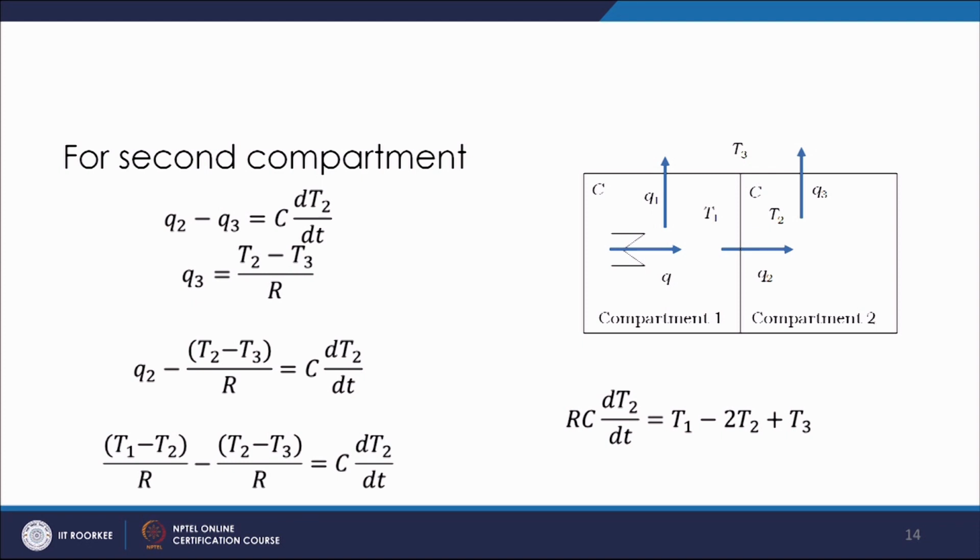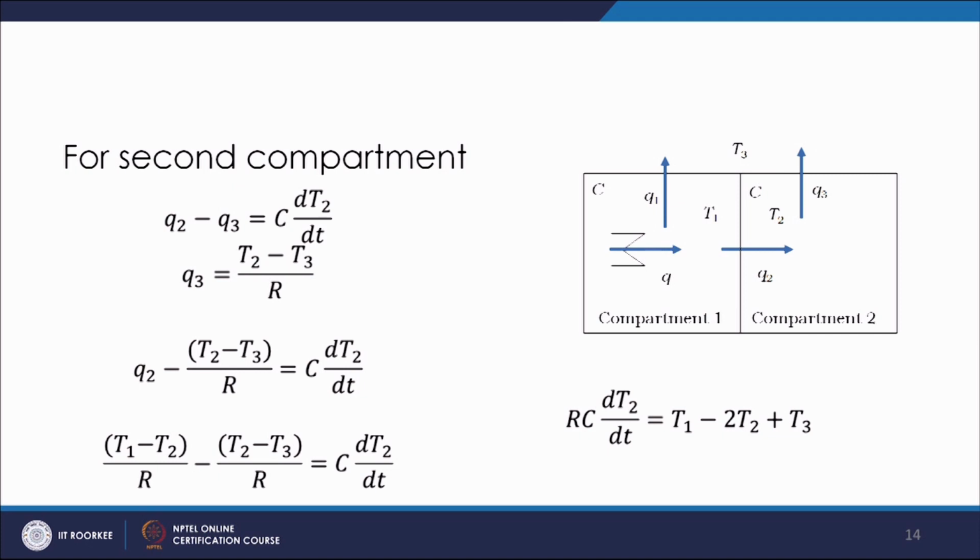So, this is how we define the thermal resistance for this wall. I put here Q2 equal to (T1 minus T2) by R, and this is my Q3, that is (T2 minus T3) by R, equal to C dT2 by dt.